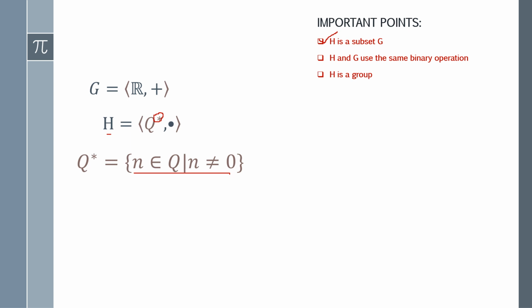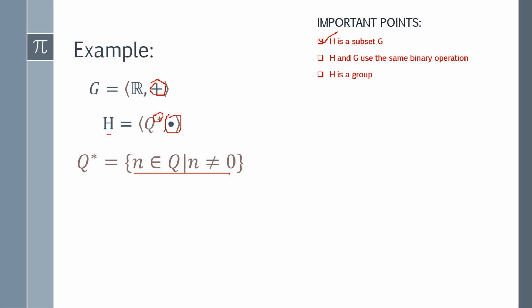Next is whether H and G use the same binary operation. As we can see, G is under addition and H is under multiplication.